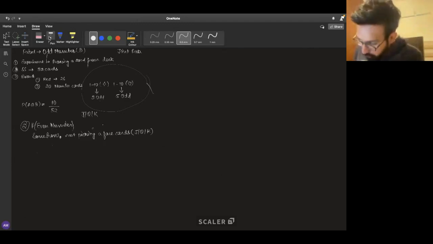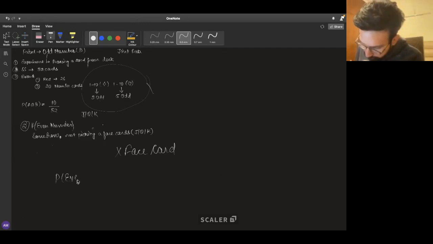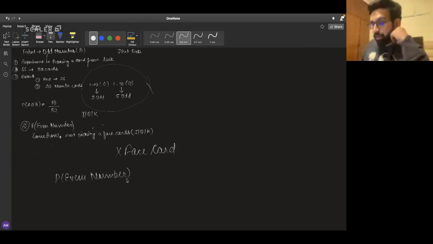Okay, so here we are surely aware that it's not going to be a face card. Now I have to calculate the probability of getting an even number. Any idea how we can go about this? Let me denote these with two variables.